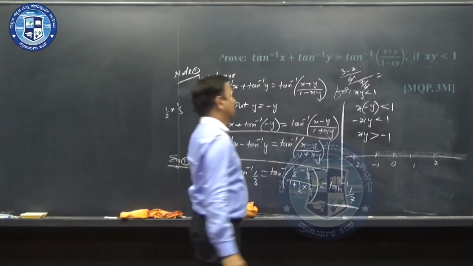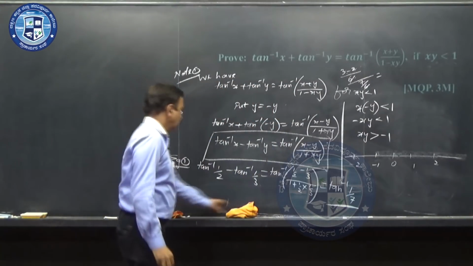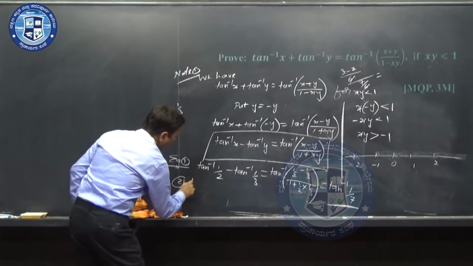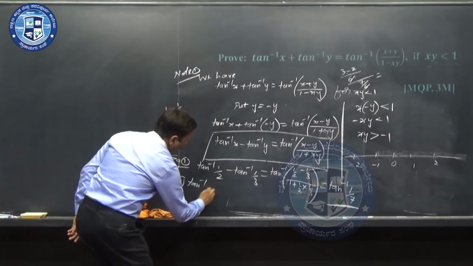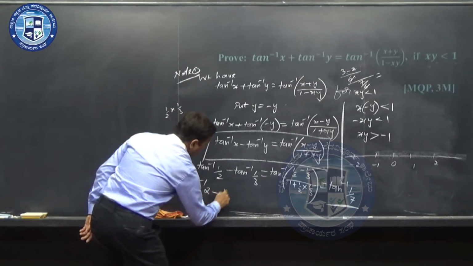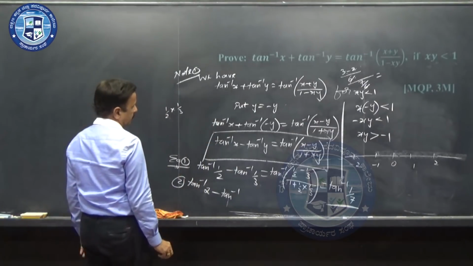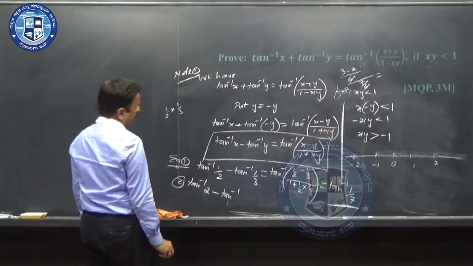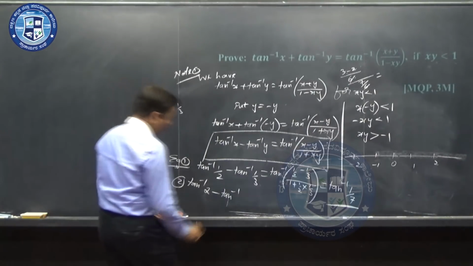Look at this. Similarly, you can go ahead with the second example, say for example, tan inverse of 2 minus tan inverse of 3.